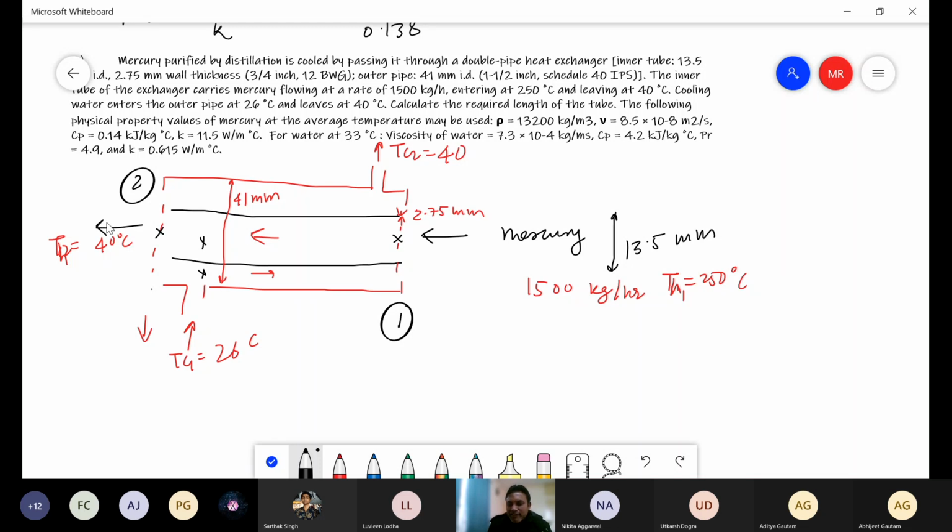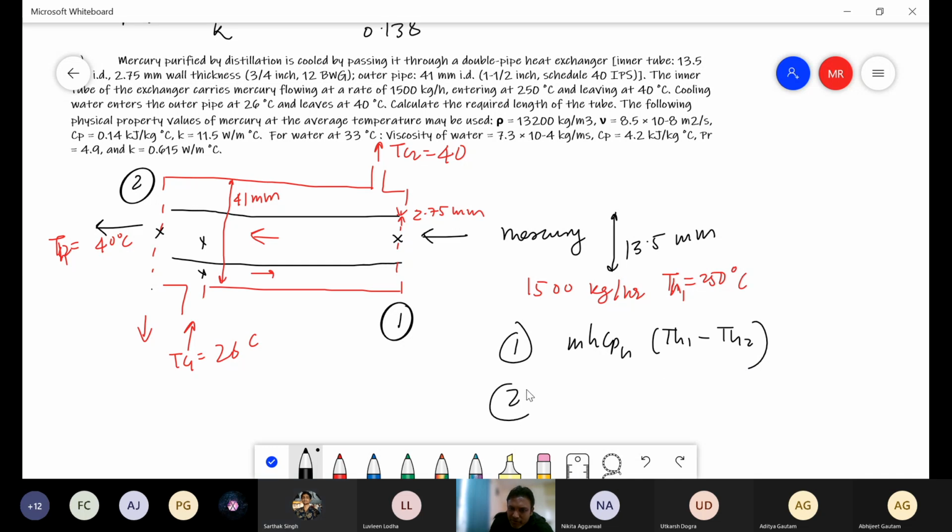That will be given by m_h Cp_h delta T, where delta T will be 250 minus 40. m_h is the mass flow rate of the hot fluid, and Cp_h is its specific heat. So I am writing these three factors. The first factor will be m_h Cp_h (T_h1 minus T_h2).